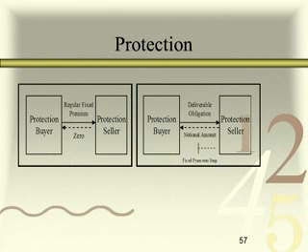If something happens, if there is a default, then the money goes back to the protection buyer, who has paid the premiums, and they get the notional amount. So if you protected $1 million, you'll get the notional amount and the fixed payments stop on that day.